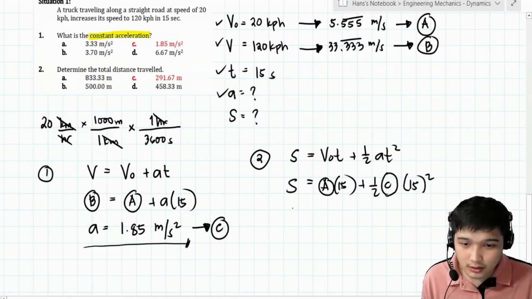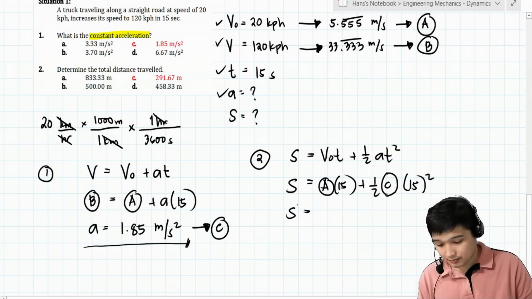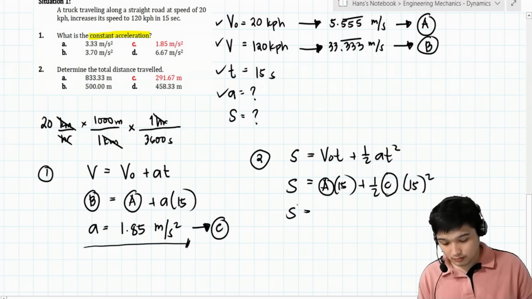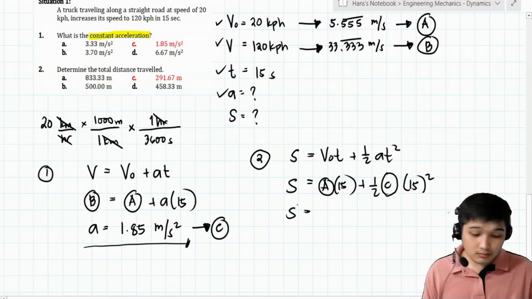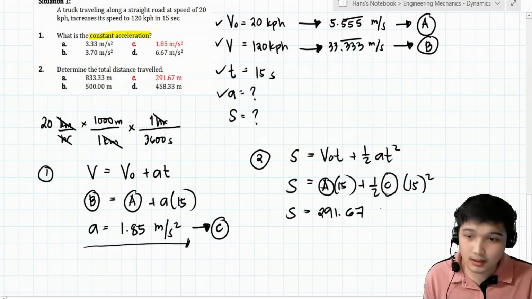Okay, so ilan yung total distance traveled after 15 seconds? So, ito sagot is 291.67 and then in meters.